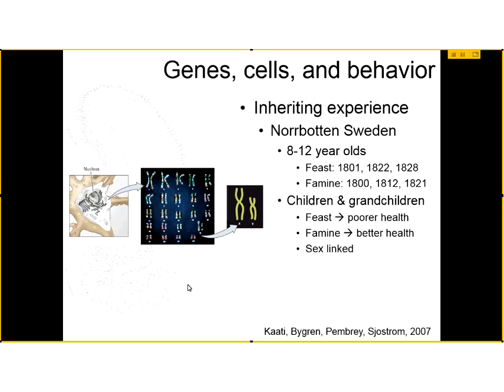So they were able to go through and categorize individuals from this region. Their grandparents and great-grandparents had either gone through a feast where there was plenty of food, or a famine where food was very scarce, and they followed their grandchildren and their children to see, was there any kind of effect of going through a feast or a famine for their health consequences?